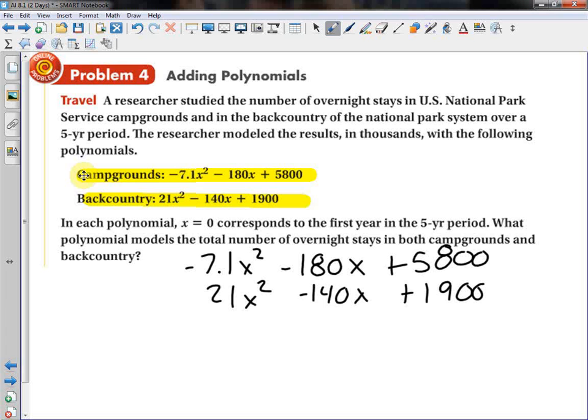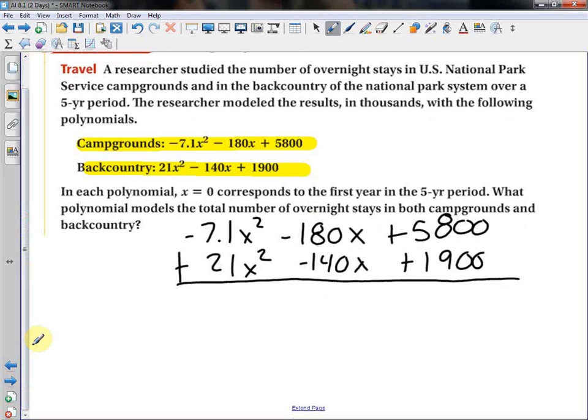And now we're just going to make this like a long addition problem, where I put a line, say add, and then add straight up and down. So I have negative 7.1x squared plus 21x squared. Well, the x squared drops straight down, and then I just have to do the other part, which becomes 13.9.